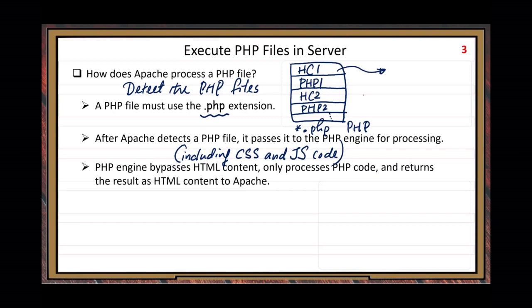Now we look at the PHP engine processing output. HTML content 1 is just copied as is. The engine does nothing on it, so no change, it keeps those lines.